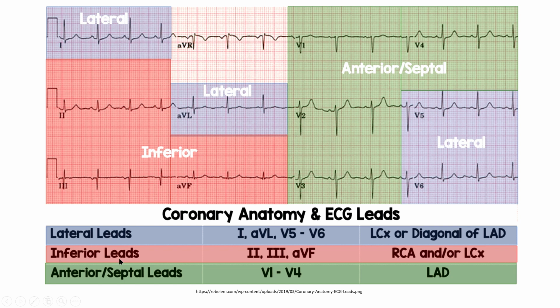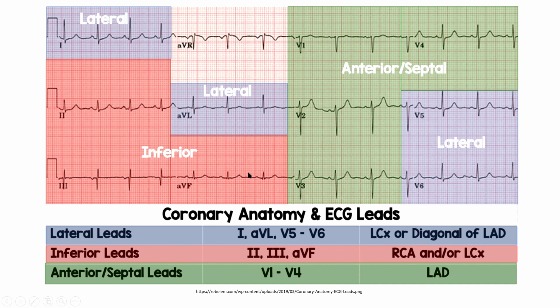In case of inferior leads, it can be the right coronary artery or the left coronary artery. I will explain that in the next slide. And in case of the anterior and septal, we also have some variation, which I will explain now. But what I wanted to draw your attention to was this picture. This is an ECG picture, but we kind of painted it.